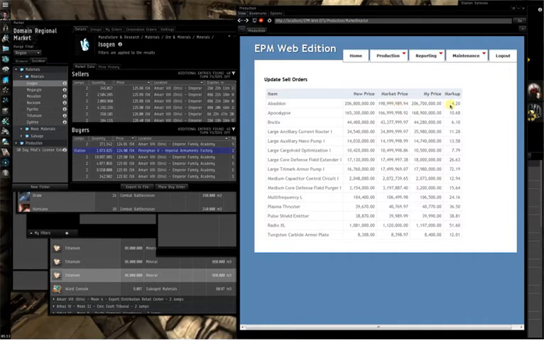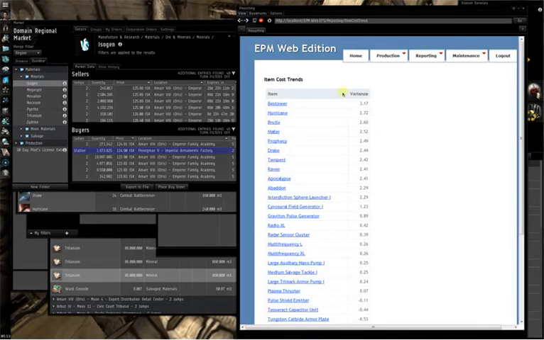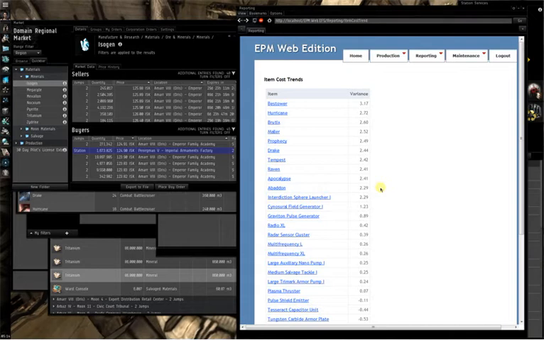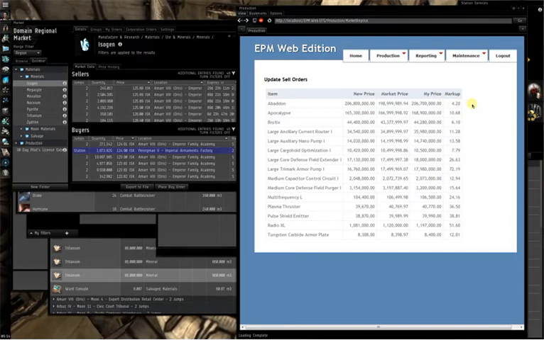One is markup obviously is less than 6%, but the other reason, and I'll jump to it very quickly, is that the Abaddon, because of mineral price increases, is trending up at the rate of 2.29% per week. I take that variance at 2.29 and add it to the 4.2 to make it 6.49. My minimum markup on the Abaddon actually is 6.49%. Or, sorry, 7.49, because I'm at 6%.